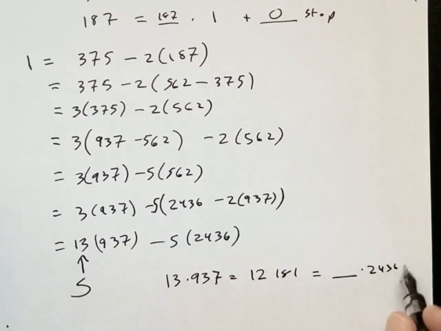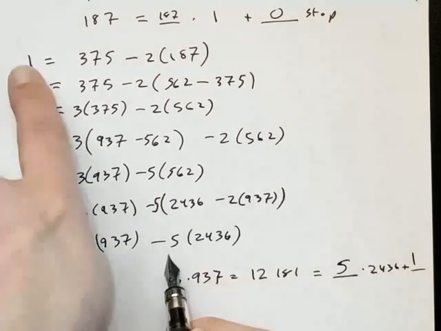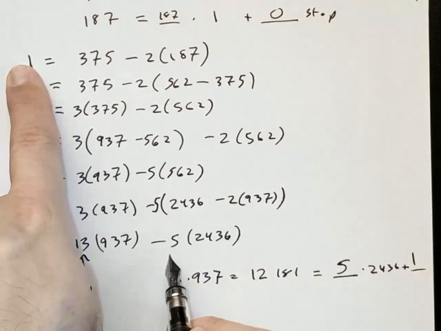When you divide 12,181 by 2436, your quotient is 5, your remainder is 1. Because my quotient is 5 and my remainder is 1, I found S.